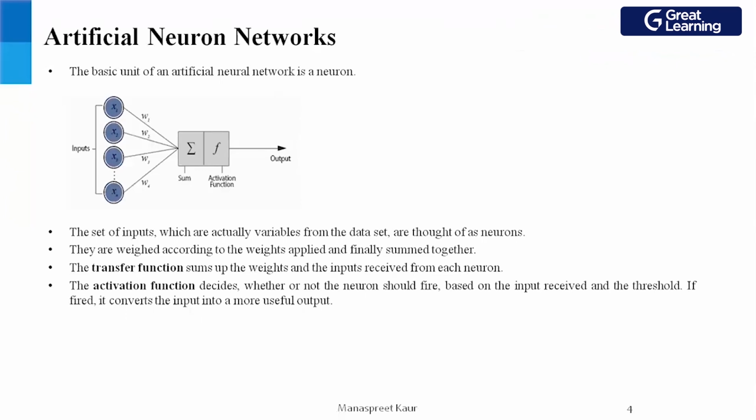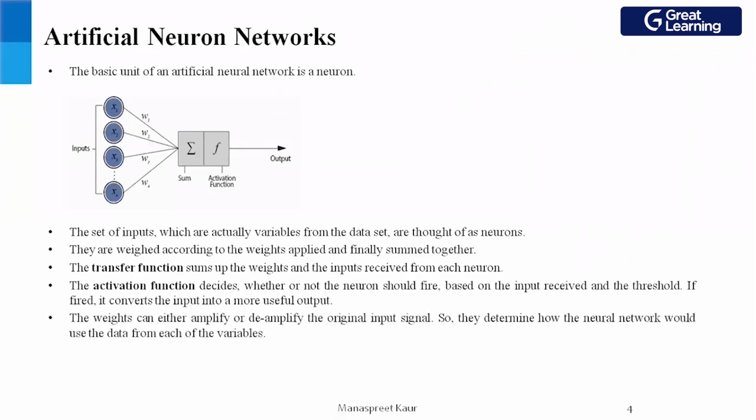When it fires, the information is passed from the input layer to the output layer, similar to what happens in the biological neural network. Like I told earlier, the weights can be used to amplify or de-amplify the original input signal, meaning they are used to determine what importance will be given to each of the variables.